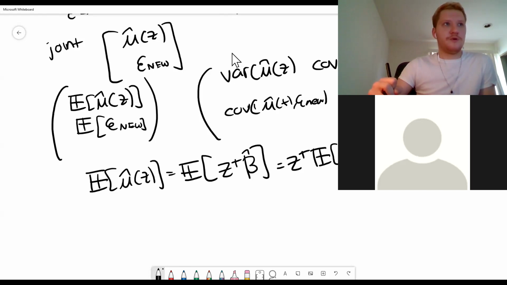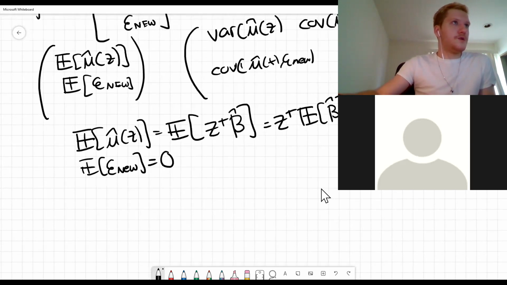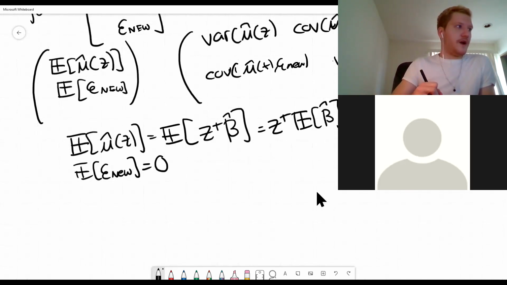So this is equal to z transpose beta. And with regards to the expected value of epsilon nu, that's already given to us as 0.